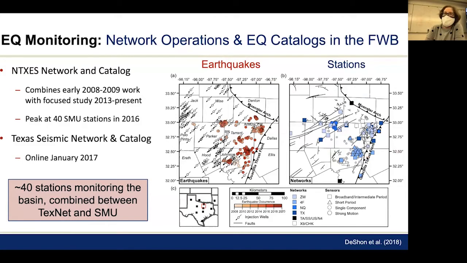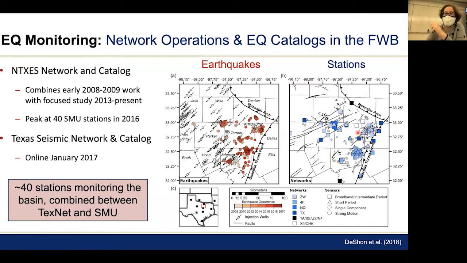Not all of those stations were out at the same time. Some of those stations are literally the same equipment that was moved around. So there's a huge amount of spatial and temporal variability in the SMU earthquake catalog as a result of how we had to operate during this time of increasing seismicity, starting from 2013 and moving into 2016.